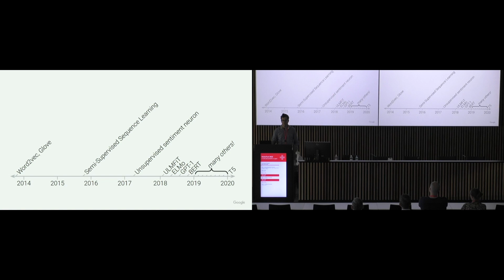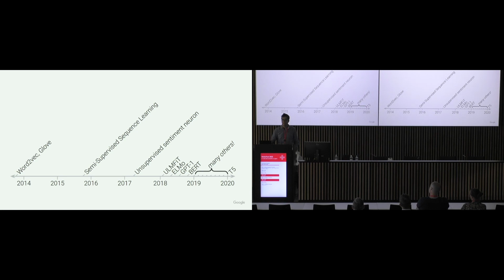These word embeddings were trained to represent words based on the context in which they appear, and typically they were used as features for other kinds of models, which could be neural models or not. Then during 2014, 15, 16, people started using recurrent neural networks, initially RNNs and LSTMs, and so sequence learning became the state of the art at the time.